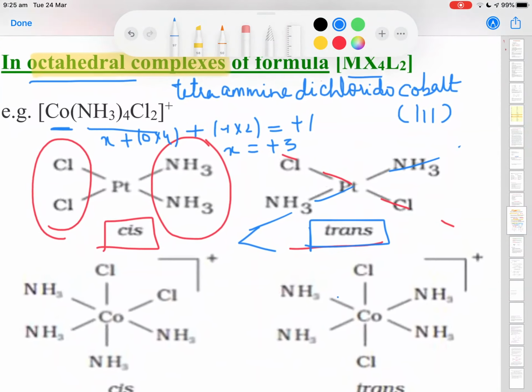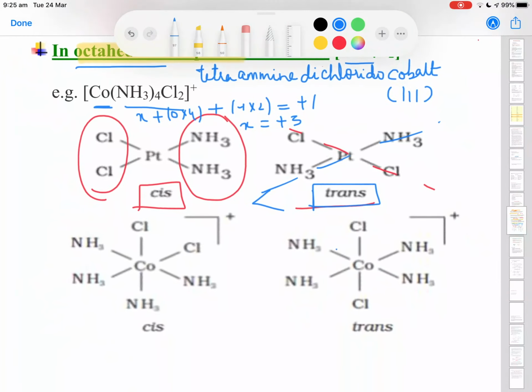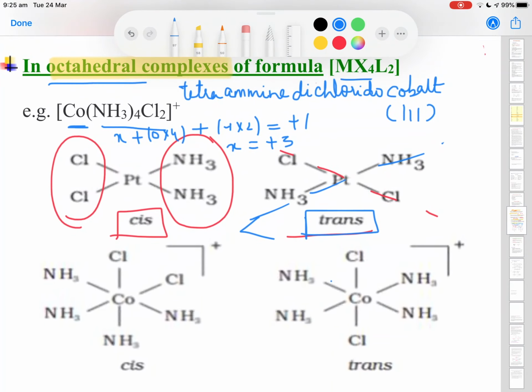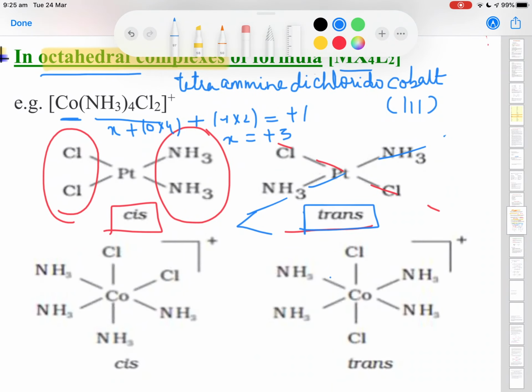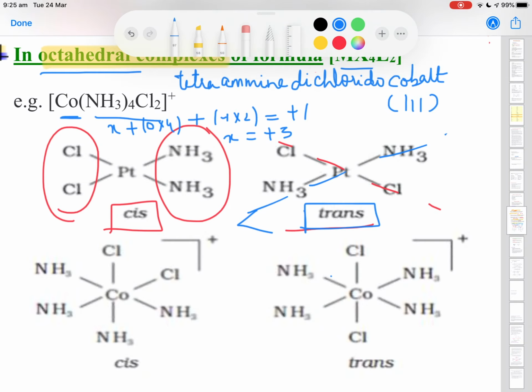So we clearly understood this. Now let us see the structure. How is it arranged in 3D space? Again, since we are talking about geometrical isomerism, it has to be cis and trans. Cis, as I said, 2 same type of ligands should be adjacent to each other on the same side.